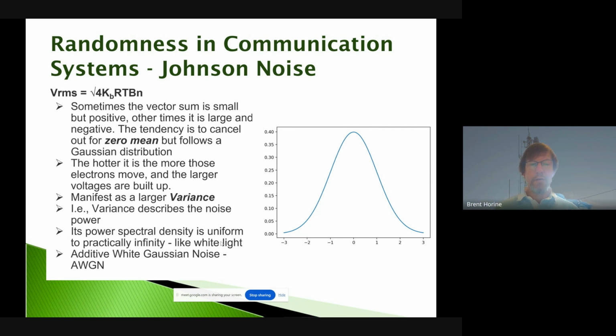And so we use that analogy and term this noise process white Gaussian noise. Gaussian because it has this Gaussian distribution, white because of its power spectral density.